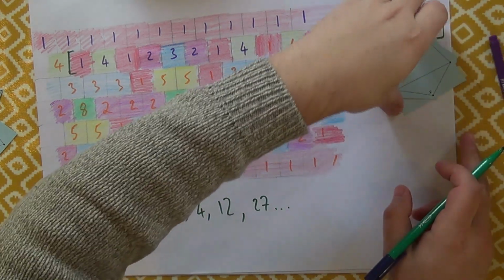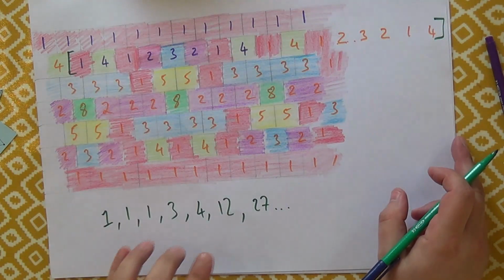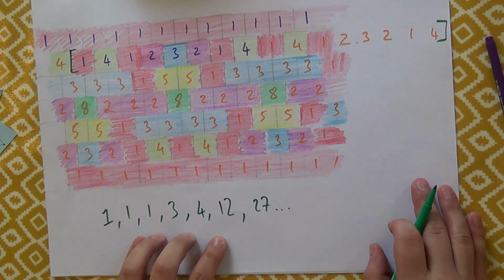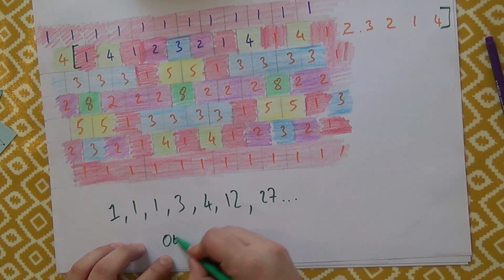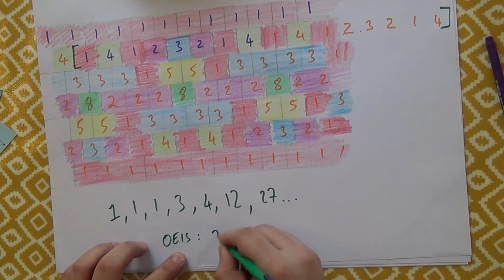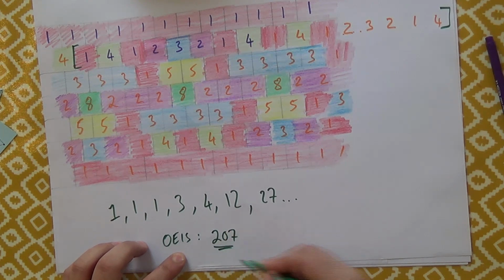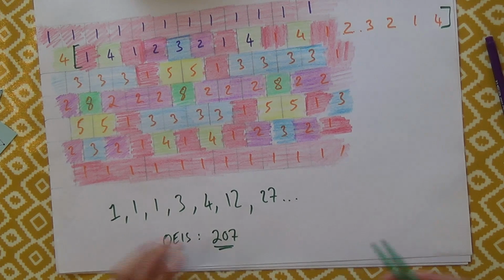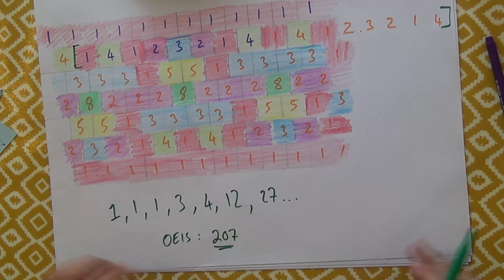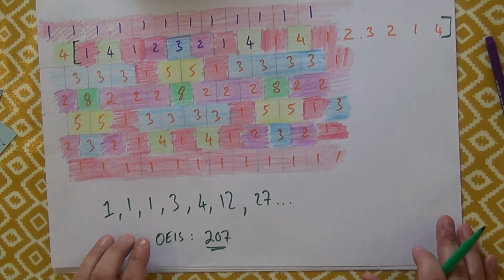Having done this work to find them, I put that list of numbers, that sequence, into the OEIS, and it turns out the OEIS reference is A000207, which means it's quite an early one. The top description of this is the exact problem I was searching, so I'm a little bit annoyed at my Google that didn't come this up earlier.